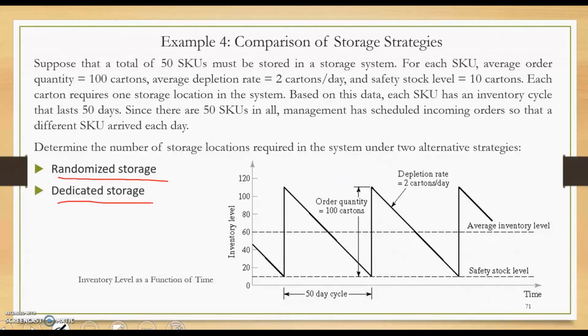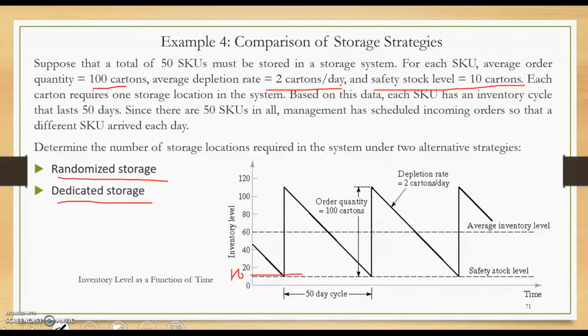So the question is, suppose that a total of 50 SKU must be stored in the storage system. For each SKU, the average order quantity equals 100 cartons. The average depletion rate is 2 cartons per day, and the safety stock level is 10 cartons. If we refer to the figure, we can see that this is the borderline for the safety stock level, which is 10.